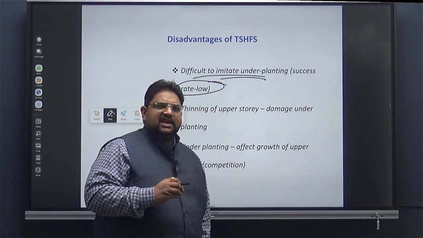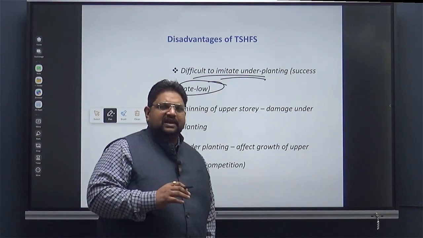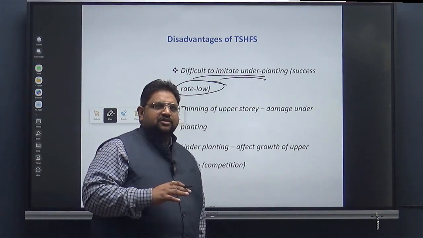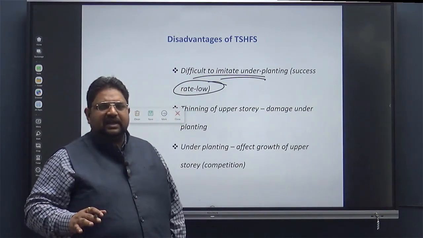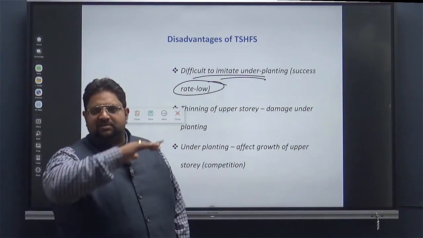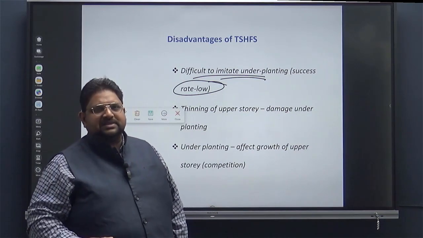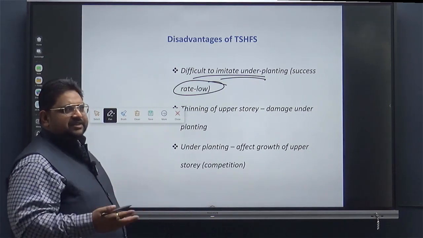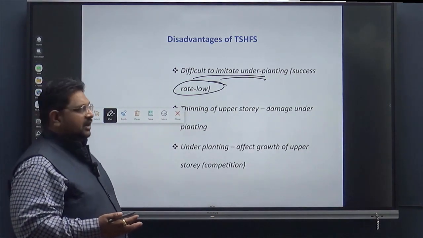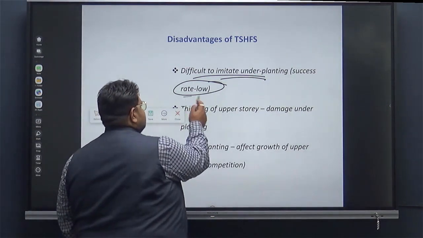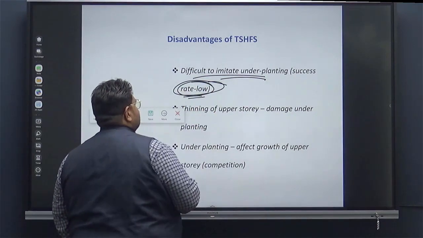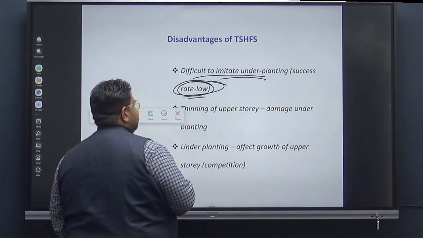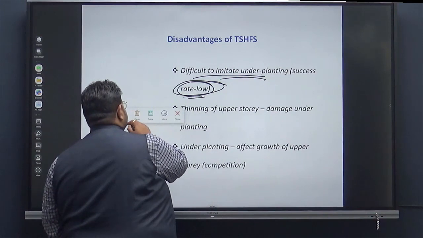Even shade-loving plants require some amount of sunlight in the initial stage. So with the canopy covering the entire forest, or with tall trees present in the forest, it's not easy to achieve the growth of underplanting. It's very risky, and the success rate is very, very low. So it's a very difficult task.